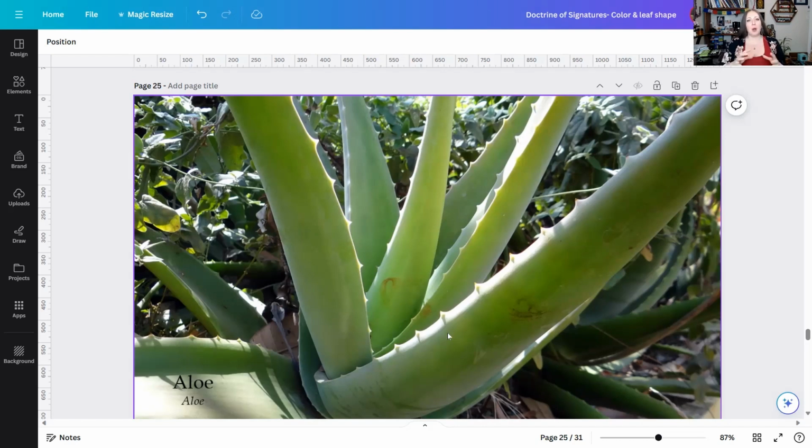Even just think for a moment, and I'm going to touch more on this next time when we talk about the environmental signatures, but the aloe plant thrives in the desert. The desert is where you would most likely need this plant. So sometimes where the plant is growing is one of its signatures. But like I said, we're going to get more into that next week when we talk about the sensory experience and environment.